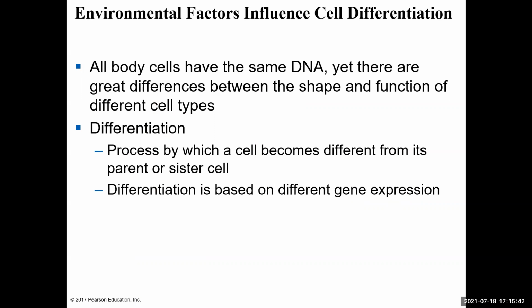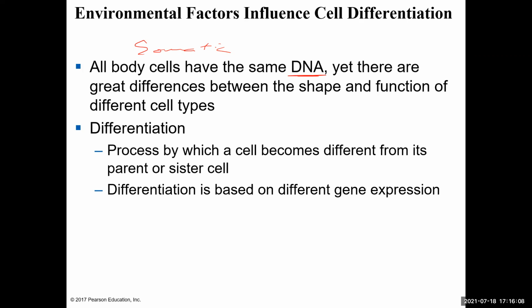There are other environmental factors that can influence cell differentiation, so basically what they differentiate or turn into. Like we mentioned, all body cells, those somatic cells, have the same DNA. But even though they have the same DNA, those cells look and act differently depending on what part of the body they are.